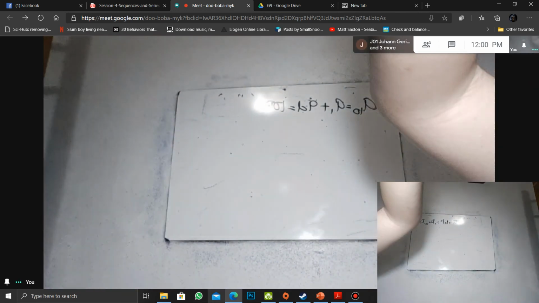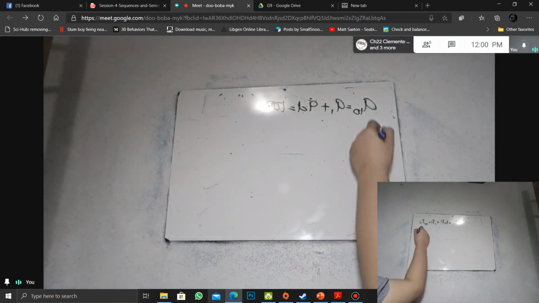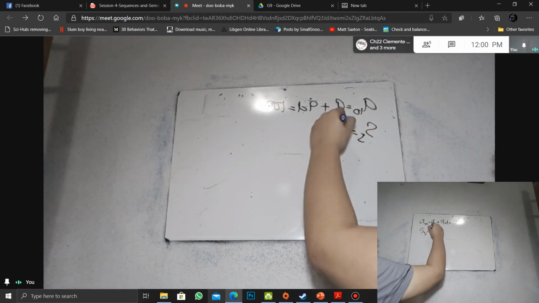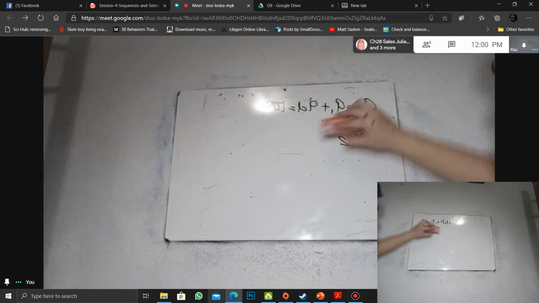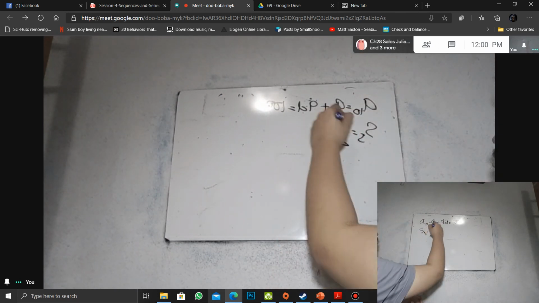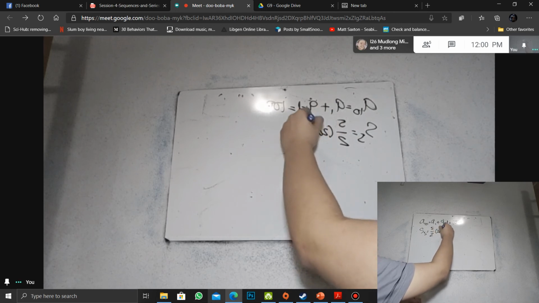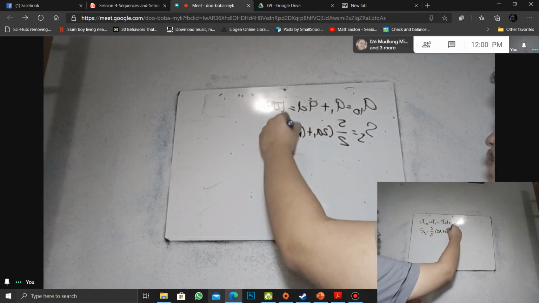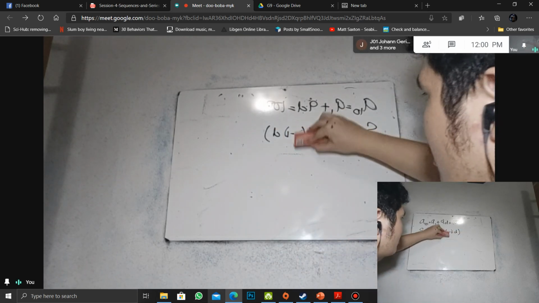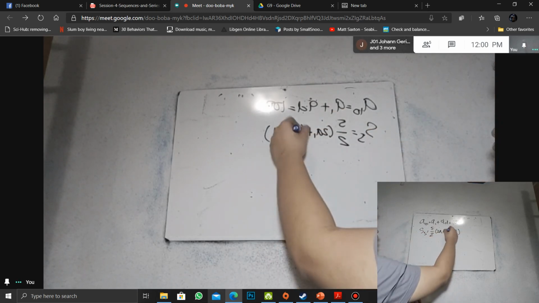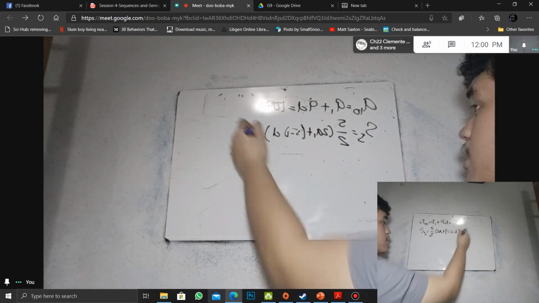Pag sum of the first 5 terms, edi madali lang yan kasi equals N over 2, which is 5 over 2 times 2A sub 1 plus N minus 1 times D. Diba? 5 minus 1 equals to 30.